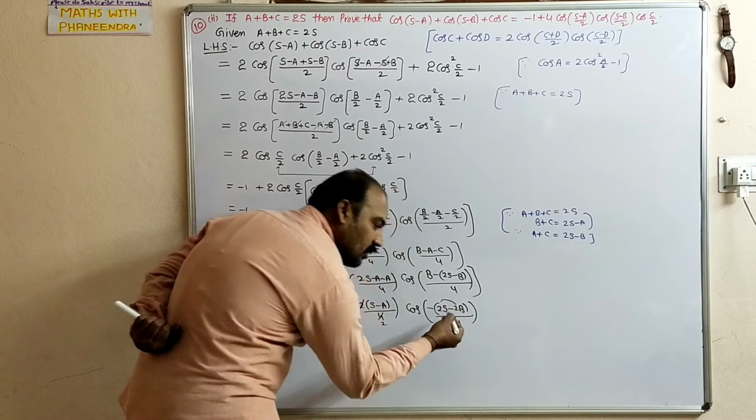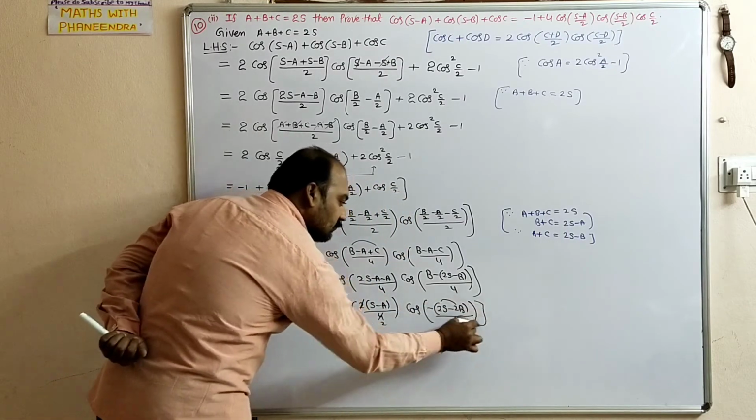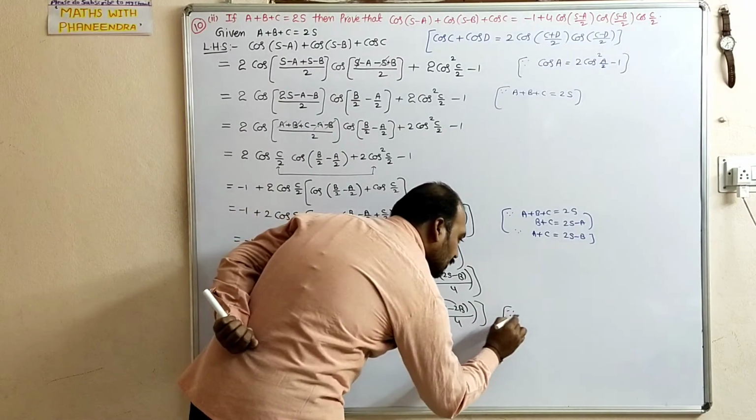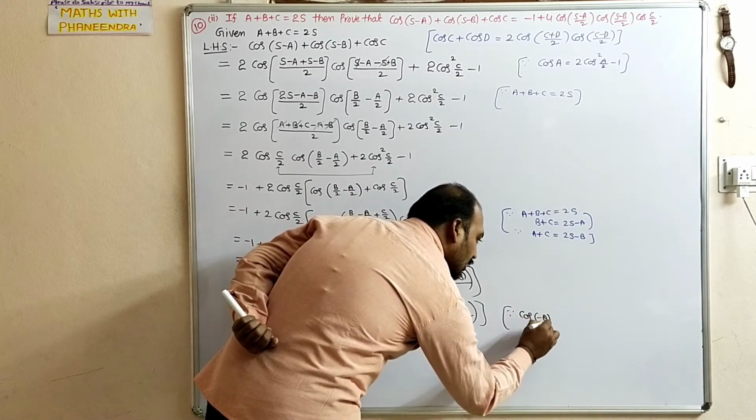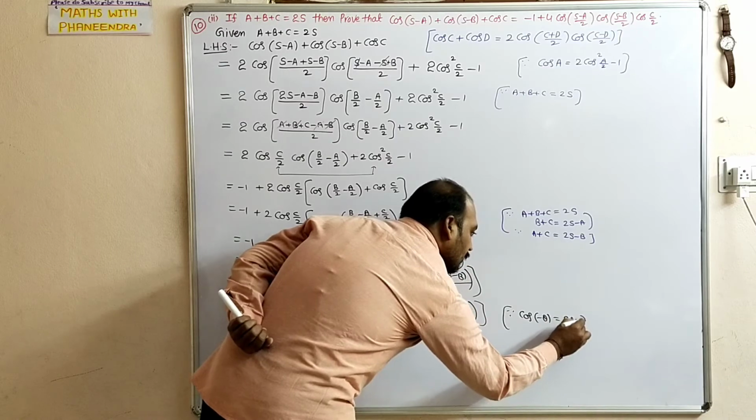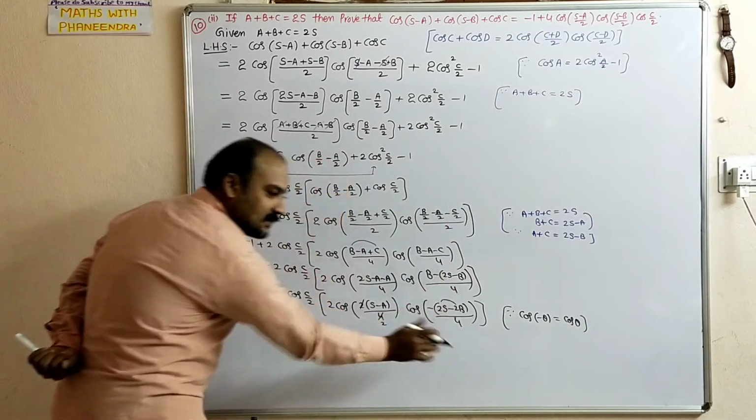In the next step, 2 take common and cancel. We also have one more piece of information: cos of minus theta is cos theta itself. So cos of the minus of this angle is cos theta only.